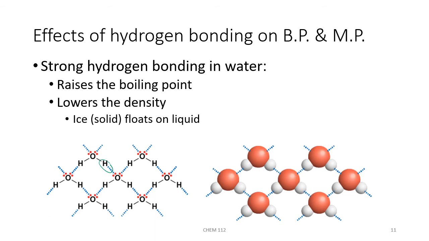So the one lone pair on the oxygen can participate in a hydrogen bond. The other lone pair on the oxygen can participate in another hydrogen bond. And then water has 2 hydrogens that can participate in their own hydrogen bonds with another water molecule. So a total of 4 hydrogen bonds per molecule.